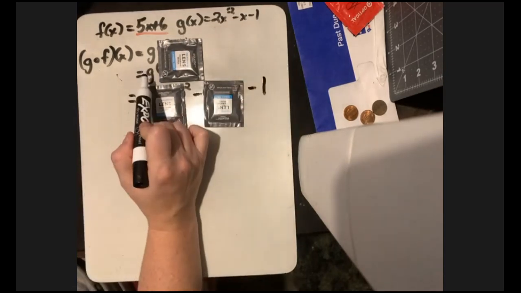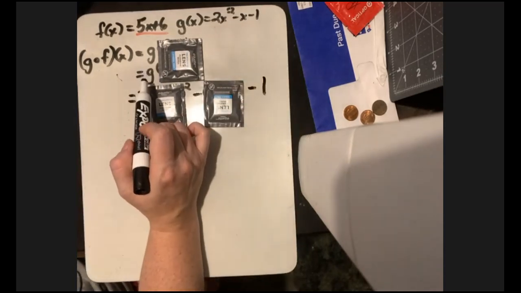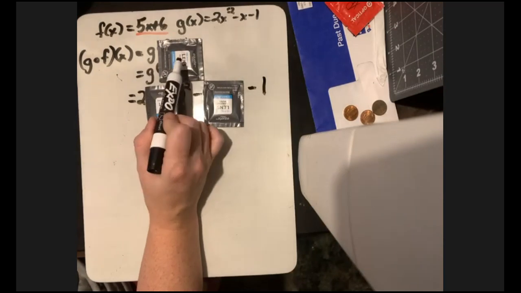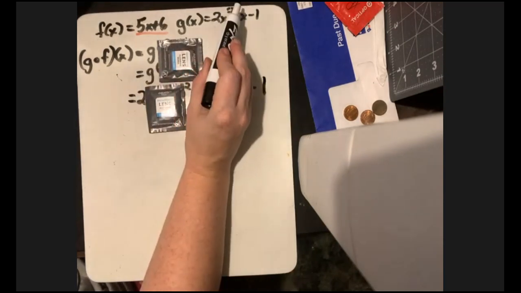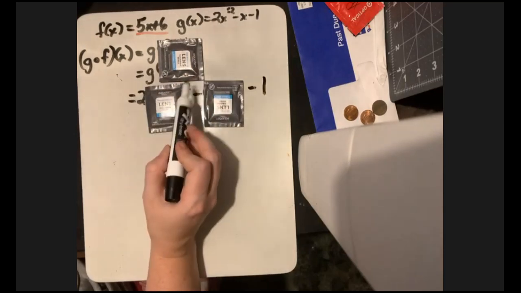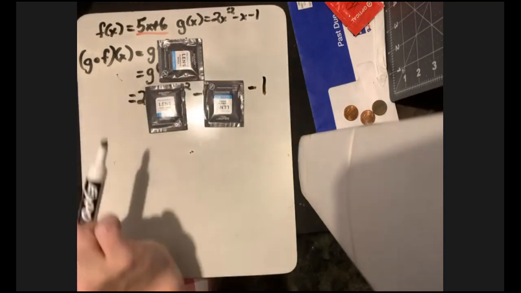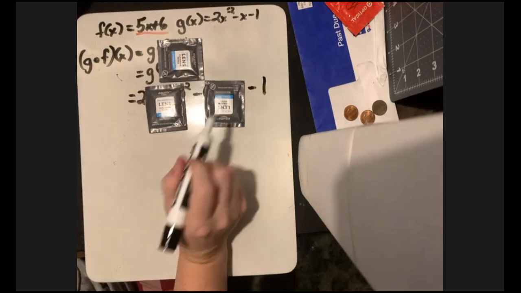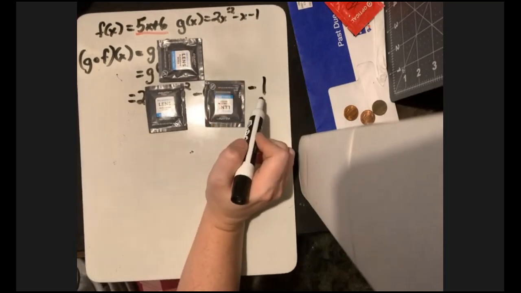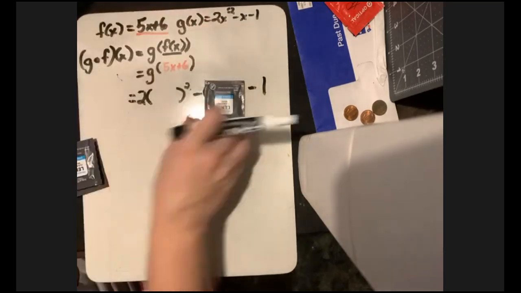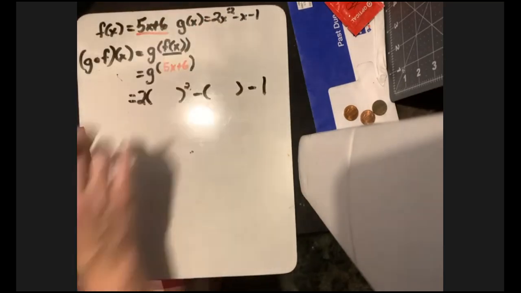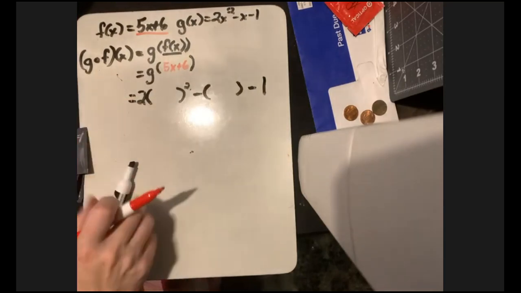So again, talking it through is kind of quirky and weird. g of glasses cleaner is 2 glasses cleaner squared. So 2 glasses cleaner squared, minus glasses cleaner, and then I've got my minus 1. So now whatever was up here underneath my glasses cleaner, I need to replace in.